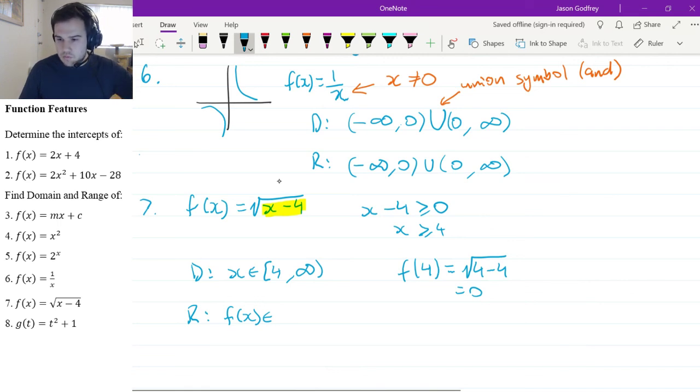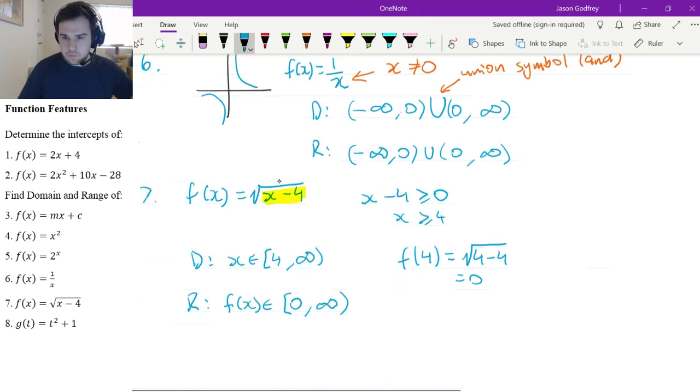The range of values of f of x go from 0, including 0, and if we square root a bigger number, we're going to get a bigger number. So just like the input values go off to infinity, the output values will go there a bit slower, but they'll still go towards infinity as well.